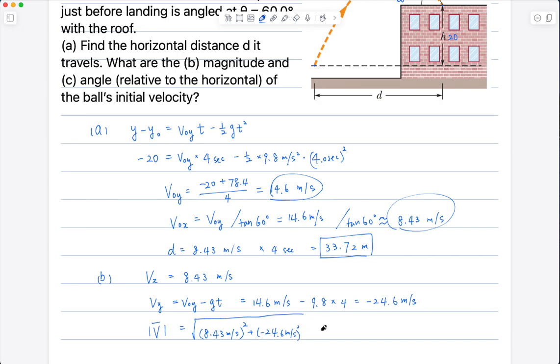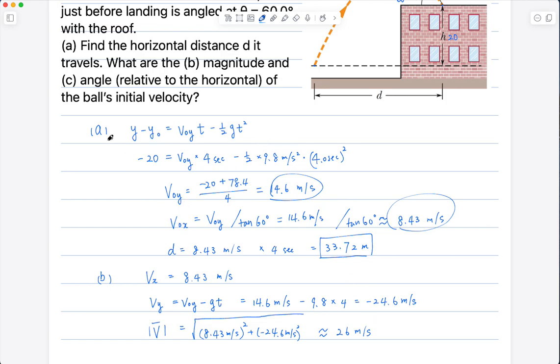Then we get the value of 26 meters per second. That's the magnitude of the initial velocity.